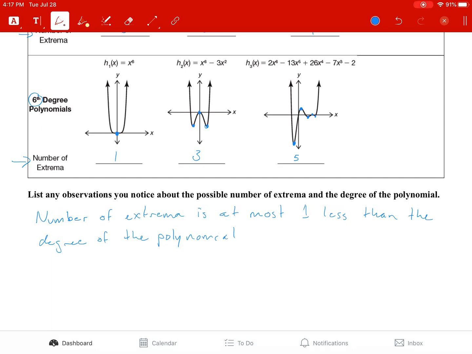Okay, now you'll notice I put the "at most", because in these examples, you'll notice that we had multiple extrema examples for one particular degree.